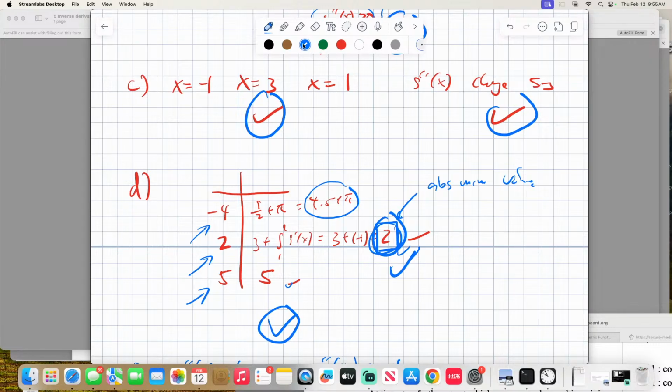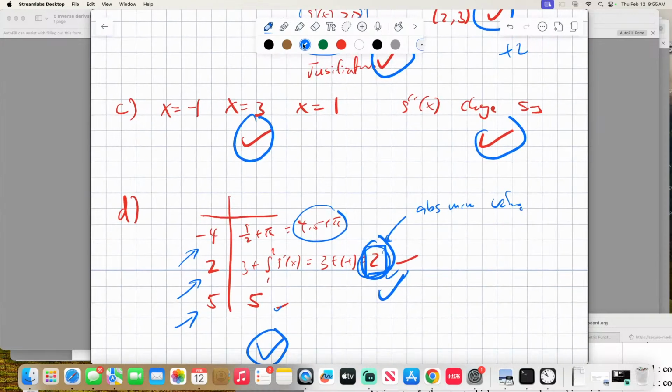They won't get a justification point, unfortunately, because it should say G double prime of x changing sign. That's it.